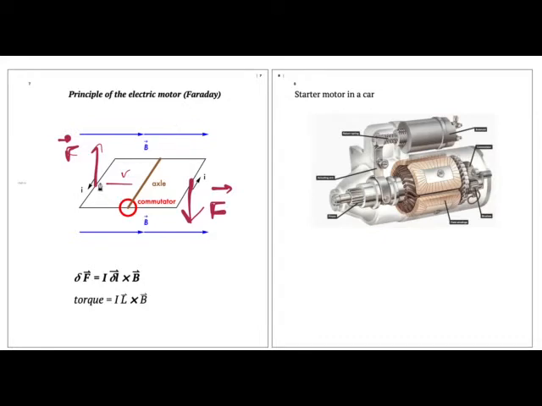So this loop will accelerate around the axle. It'll rotate around the axle until the speed is high enough that the frictional force balances the magnetic force. But the magnetic force is what produces the rotation of a rotor inside an electric motor. It all comes from the force is I dl cross B.